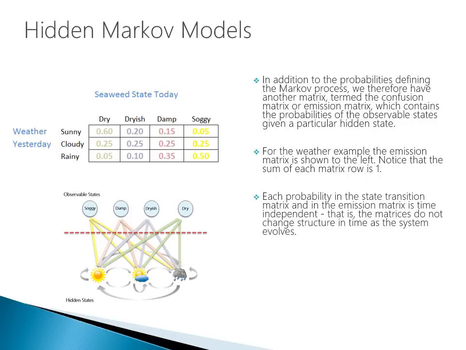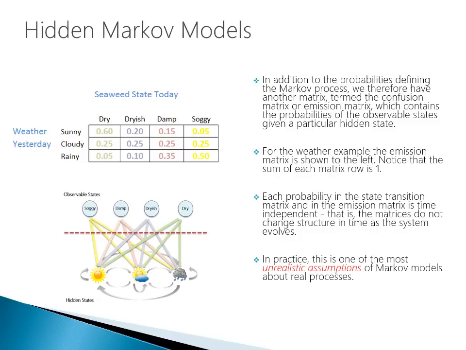Each probability in the state transition matrix and in the emission matrix is time independent. That is, the matrices do not change structure in time as the system evolves. In practice, this is one of the most unrealistic assumptions of Markov models about real processes. And this is something that is very important for us to understand. So, as systems move over time, the nature of the relationships of the patterns can be fluid and dynamic.